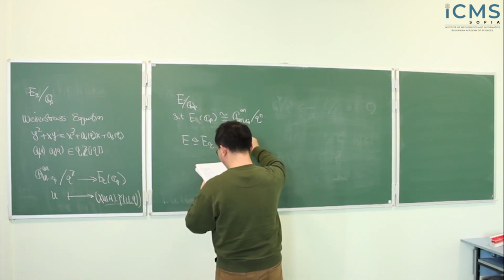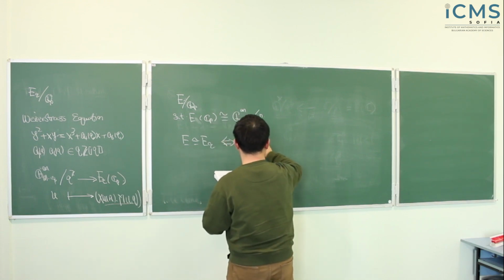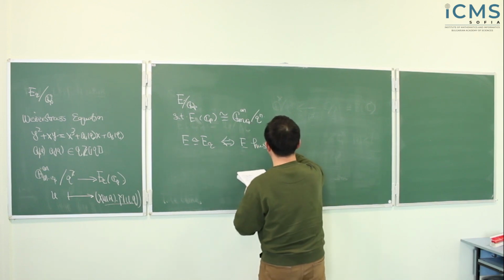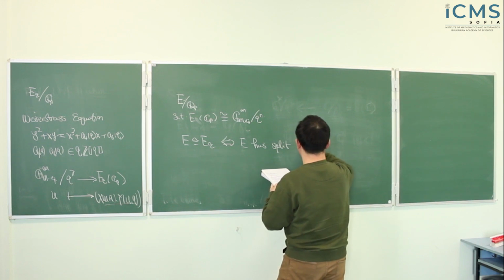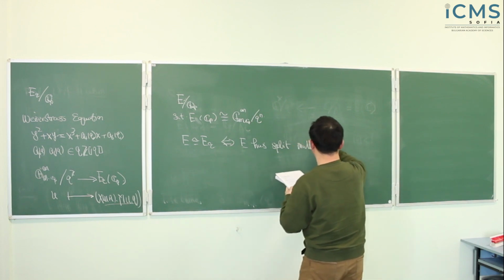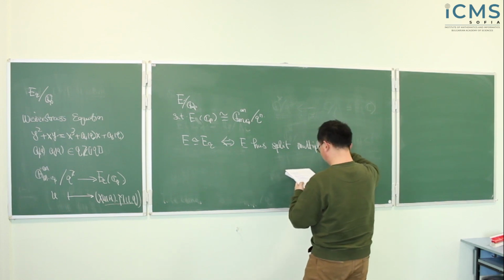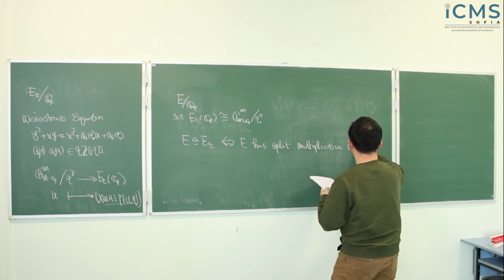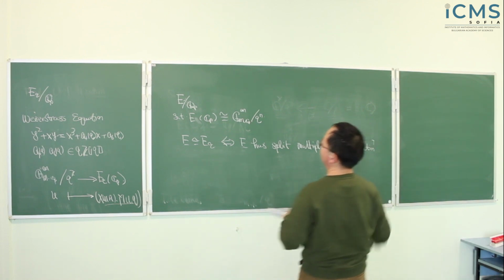we have an additional condition on this E, that is, E must have split multiplicative reduction. I don't want to formally introduce this.